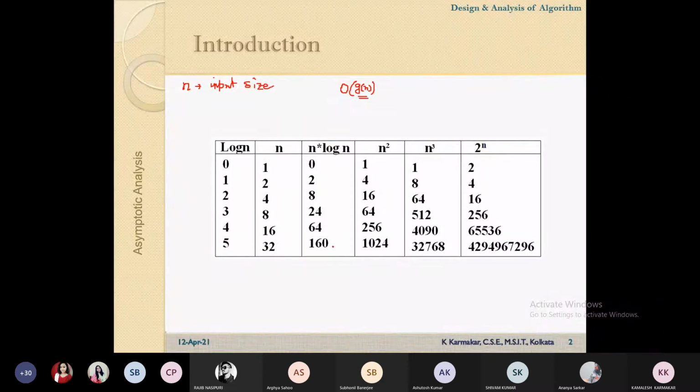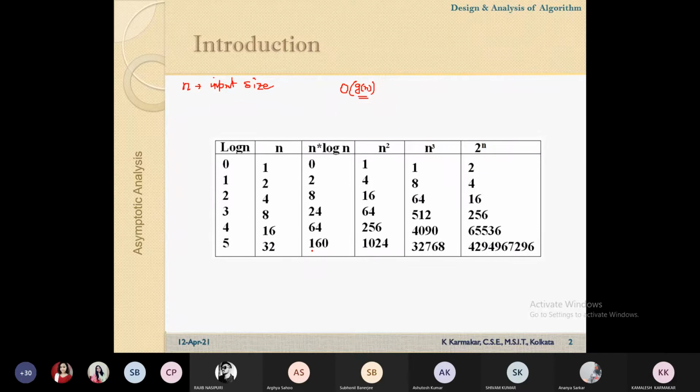For larger values of n, how will the execution time be affected? To understand that, I have given you a table so that you can easily see how it varies with respect to n.